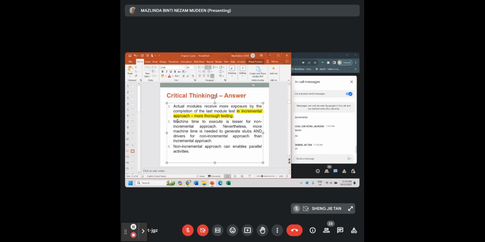Okay, the next point is that machine time to execute is lesser for the non-incremental approach.